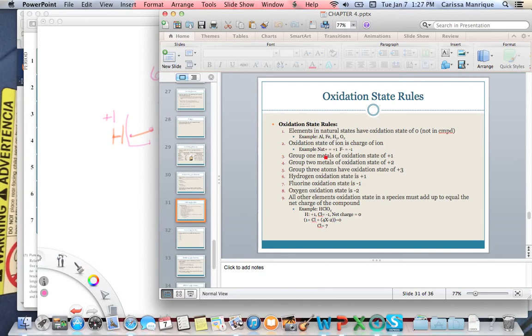Group 1 metals have an oxidation state of plus 1, which is basically the charge if you would have given it a charge. Group 2 metals have a plus 2 charge. Group 3 metals tend to have a plus 3. Hydrogen tends to have a plus 1, but it can have a negative 1, though it's typically plus 1. Fluorine is typically negative 1, and oxygen is typically negative 2.